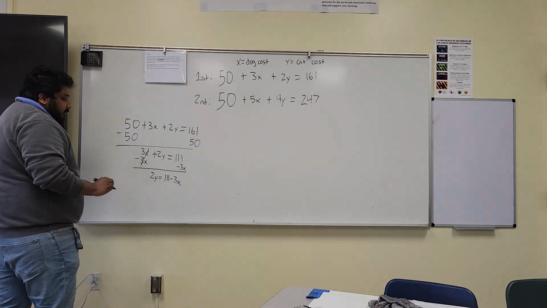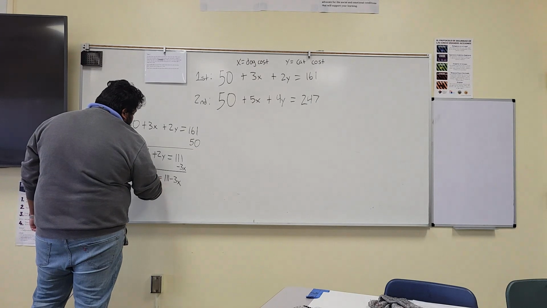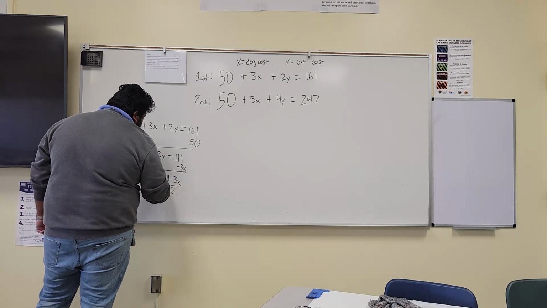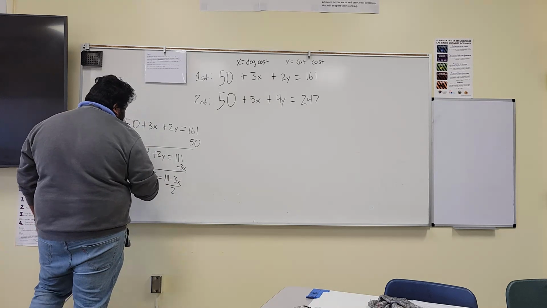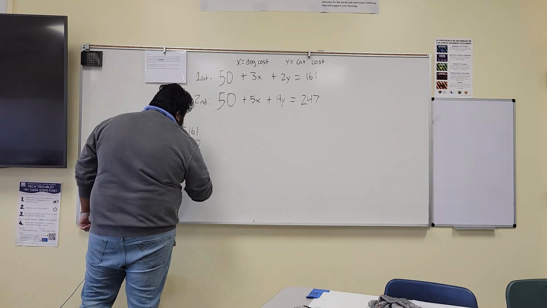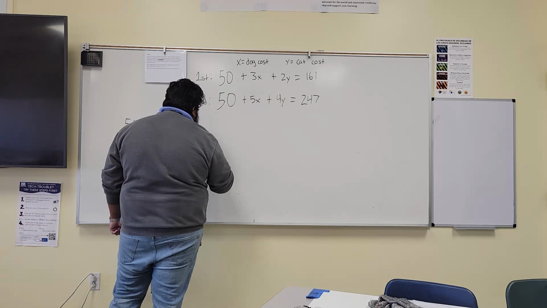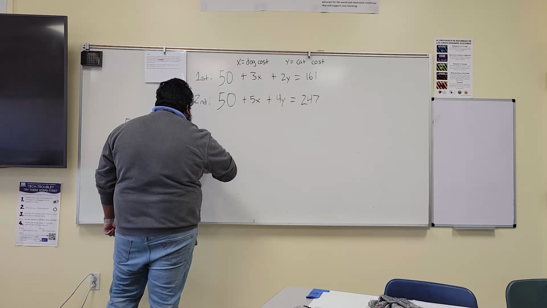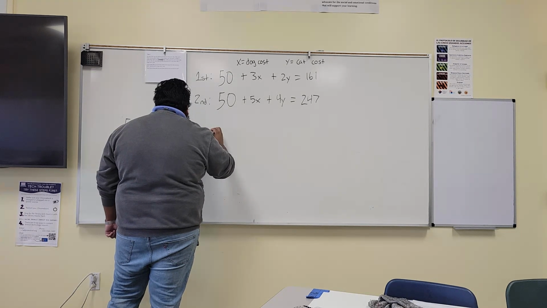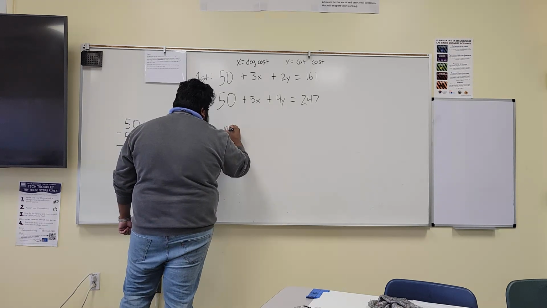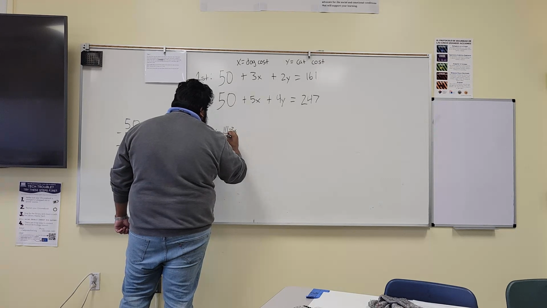And then finally, we're going to divide both sides by 2 to get rid of this 2 in front of that y. These are going to cancel out, and that's going to turn into a 1. And we get that y is equal to 111 minus 3x over 2.